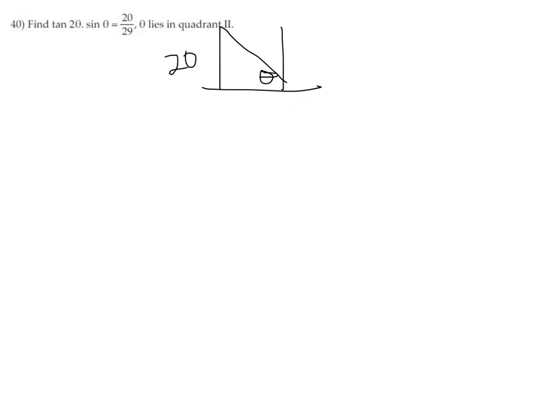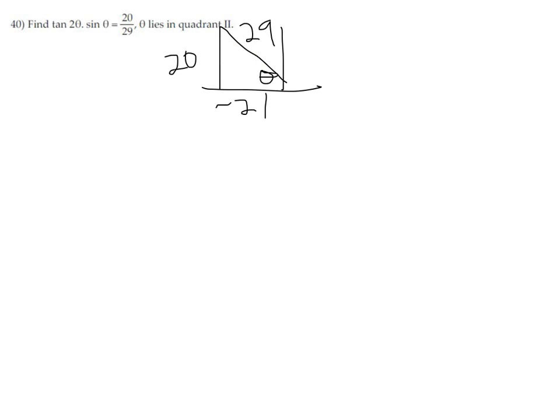Opposite 20, hypotenuse 29. 29 squared minus 20 squared, and square root that is 21. But that one's negative. Why is it negative? Because it's left. 20 is positive, up, right, and 29 is hypotenuse, also positive.